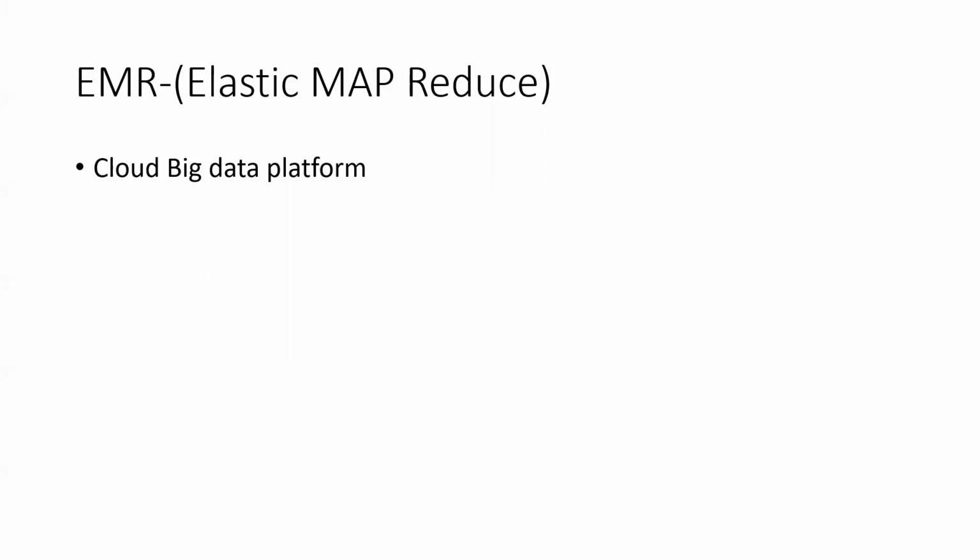Some code will be different because we need to import the library, the package that needs to be used for Python. That is called PySpark. If you are using big data technology with Spark on EMR, it is called PySpark.